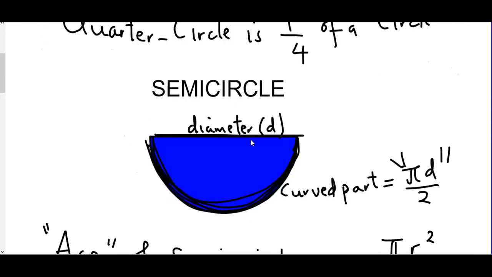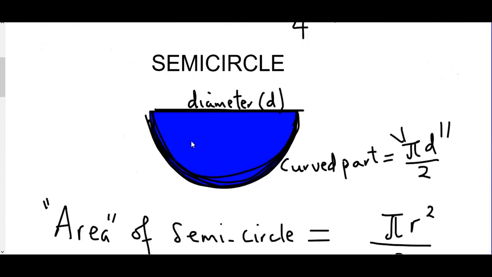A semicircle has 2 parts, one part is the diameter, another part is the curved part. So a semicircle has 2 sides. One side is curved, another side is flat.